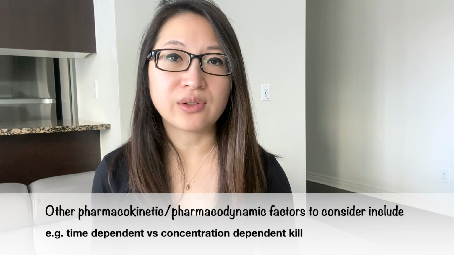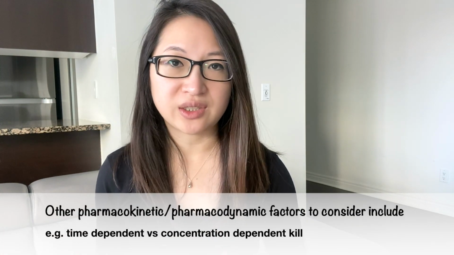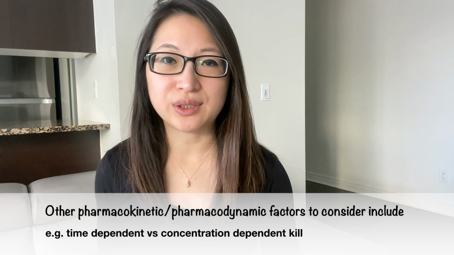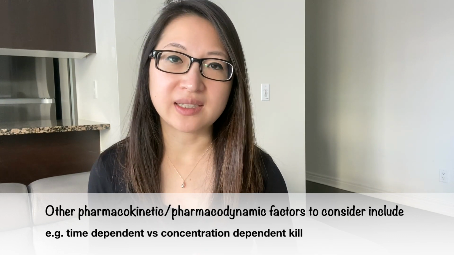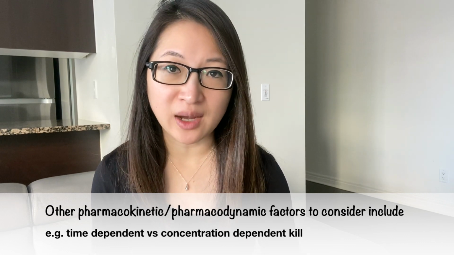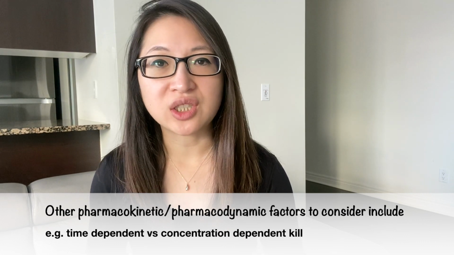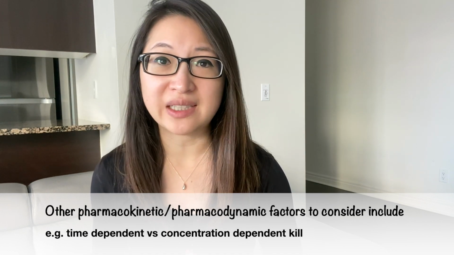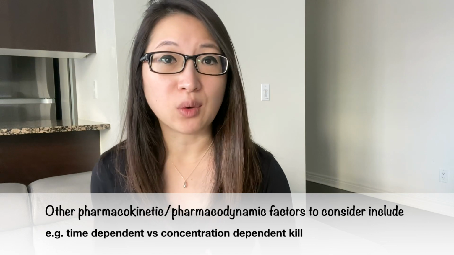Although the previous two factors already take into account some of the pharmacokinetics and pharmacodynamics of the patient and drug, there are other PK/PD factors to consider when choosing an optimal dose. One example of this is determining which dose to use for meropenem. There are some guidelines that suggest using meropenem at a dose of 1 gram IV every 8 hours, whereas other guidelines suggest meropenem at a dose of 500 milligrams IV every 6 hours in patients with a normal kidney function.